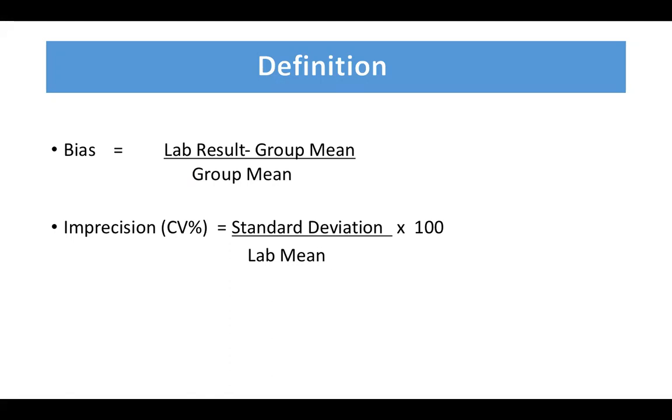For that, we have to understand these terms, bias and CV%. I am not discussing something very complicated, or whatever is complicated, I am going slowly and in a simple manner so that you can understand. Then at a later stage, with this foundation, we will discuss certain things which are a little more complicated.